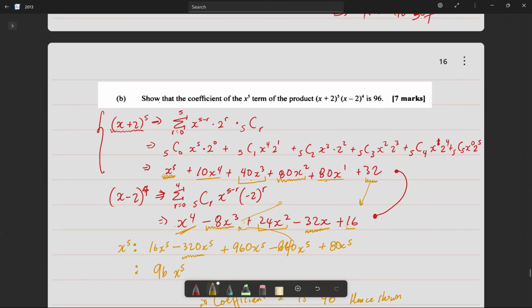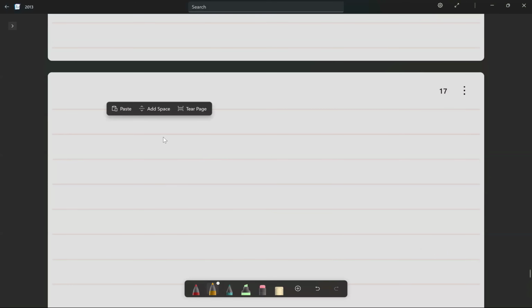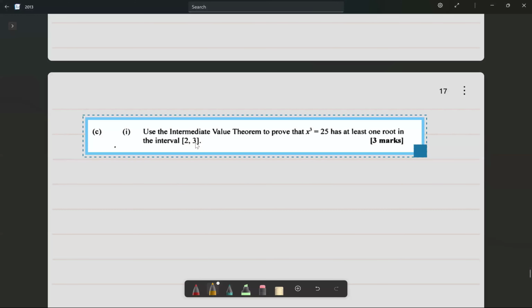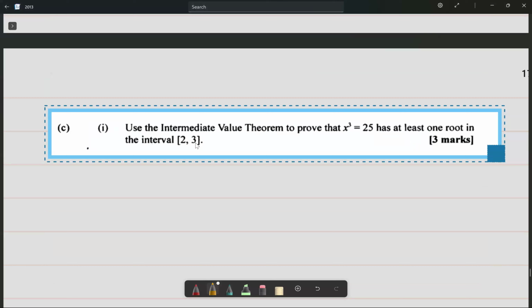The next question is intermediate value theorem. So for this, let f of x equal x cubed minus 25.